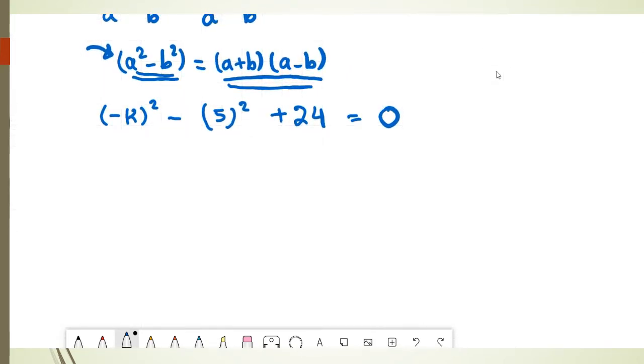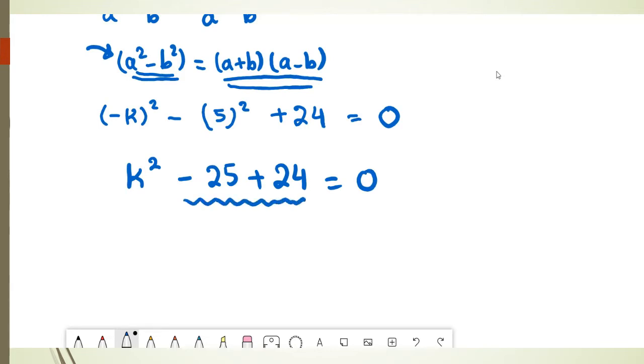Now minus k squared is k squared minus 5 squared is 25 plus 24 equal to 0. We have this equal to minus 1, right? So k squared minus 1 equal to 0.